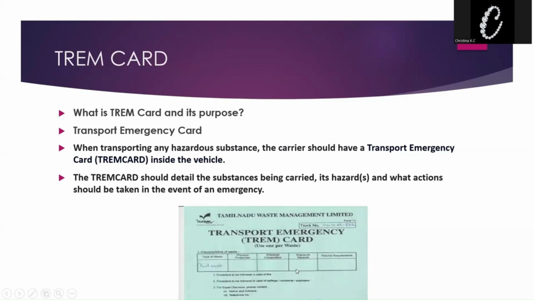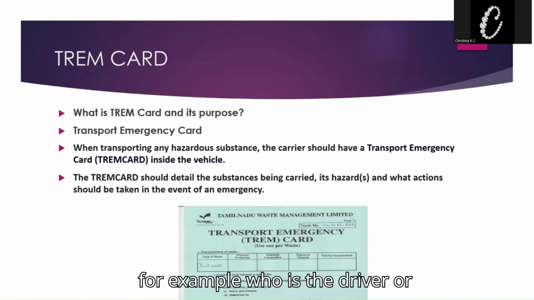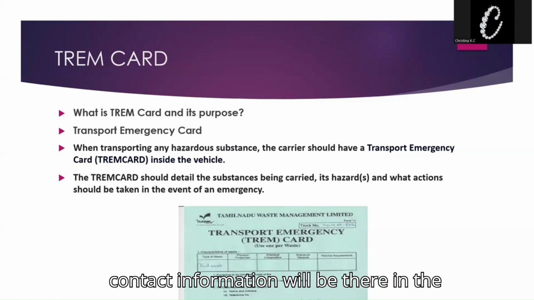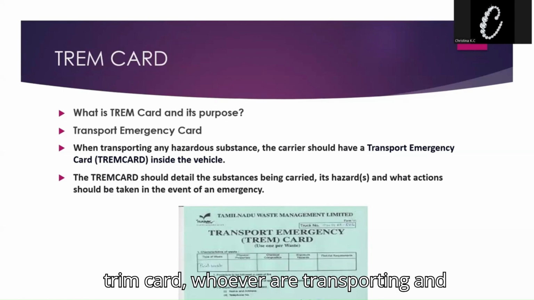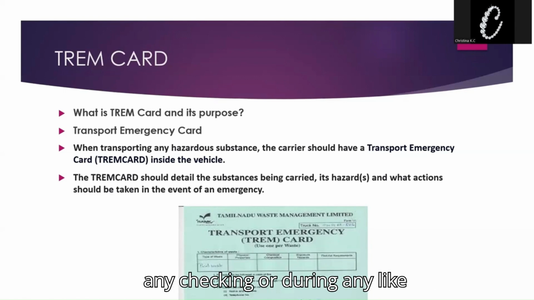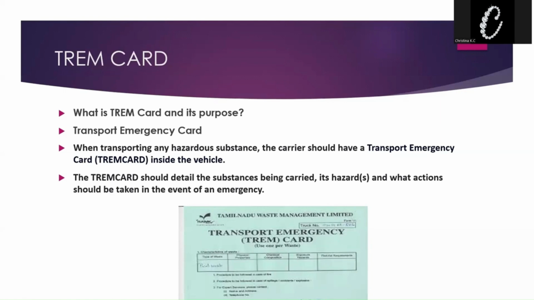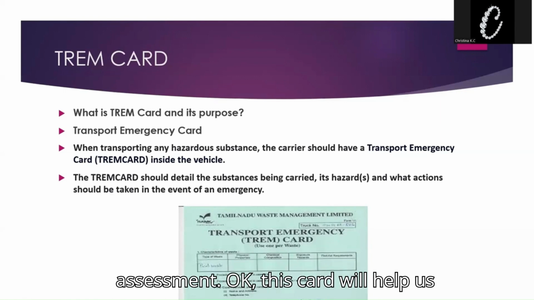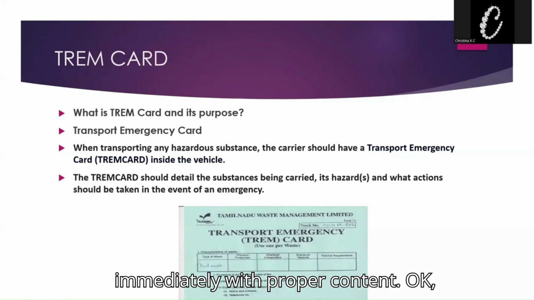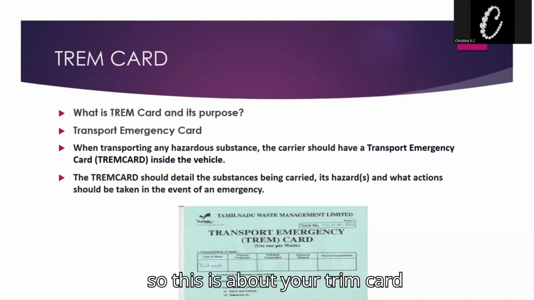You will have contact details, for example, who is the driver or the handler, what is his contact number, identification, etc. The contact information will be there in the trem card for whoever is transporting, and this will help us access critical information in case of emergency during any checking or assessment. This card will help us to transport the hazardous waste immediately with proper content. So this is about your trem card.